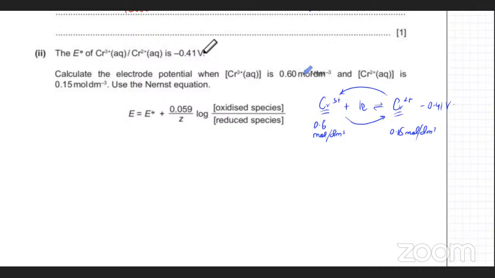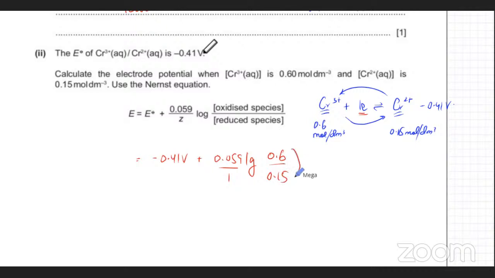And Z is the number of electrons, which is this one. So you've got everything. It's E naught, the standard potential, minus 0.41 volts, plus 0.059 divided by Z, which is 1, times log of the oxidized species over the reduced species, 0.6 divided by 0.15.